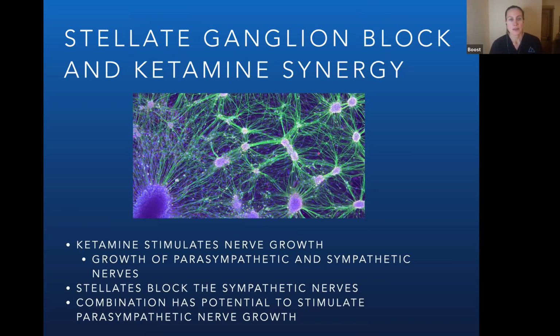So in theory, as you chill out your sympathetic nervous system, the ketamine is going to help more proliferation of your parasympathetic nervous system nerves. This is not something that has been definitely proven, but in theory, it makes sense. So the combination of both of them, I think, is why we get really, really good results, because it really just pushes the body into parasympathetic.